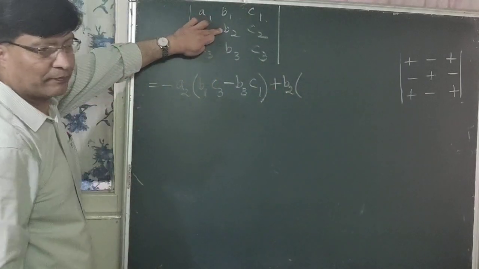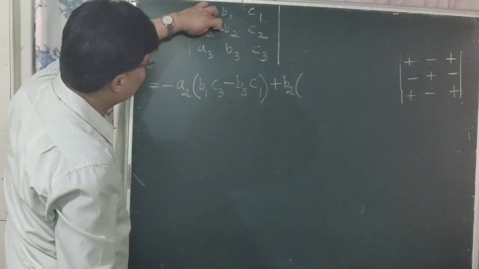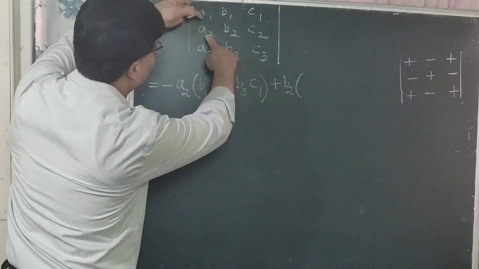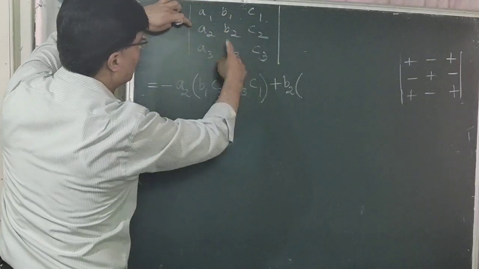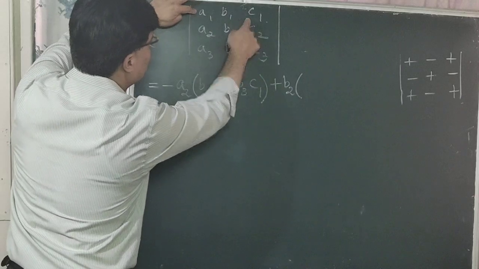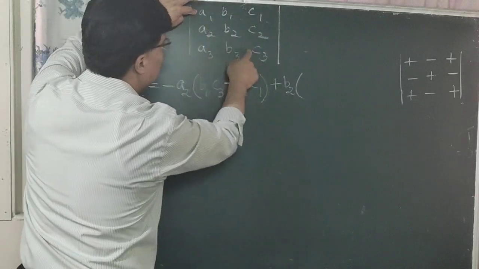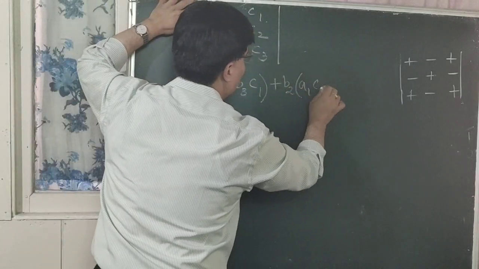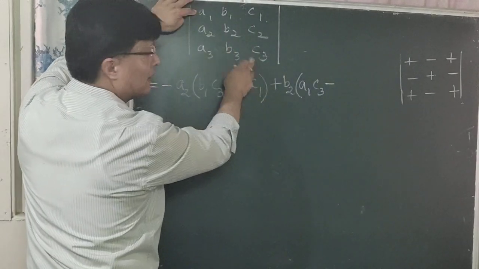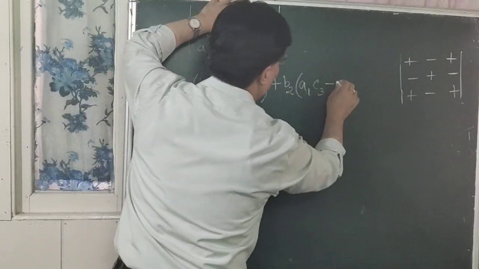अब B2 within bracket. Now you have to forget the row and the column through this element B2, भनेपछि second row र second column delete गर्ने. के रह्यो? A1 C1 A3 C3. अब A1 ले C3 लाई multiply गर्ने, then A3 ले C1 लाई.